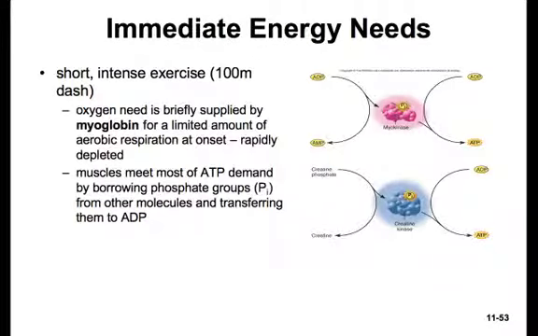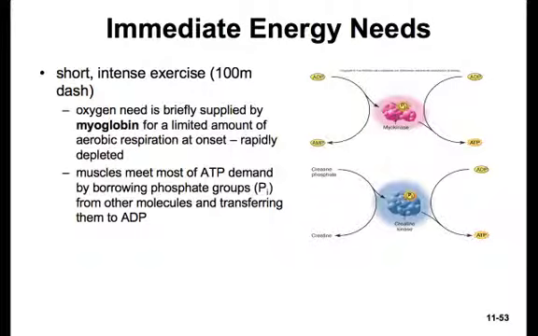Let's begin by looking in detail at the immediate energy needs. In short, intense exercise, like a 100-yard dash, less than 10 seconds, oxygen need is briefly supplied by oxygen that's stored on myoglobin. And this is for a very limited amount of aerobic respiration at the instant onset because we're already doing predominantly aerobic respiration.